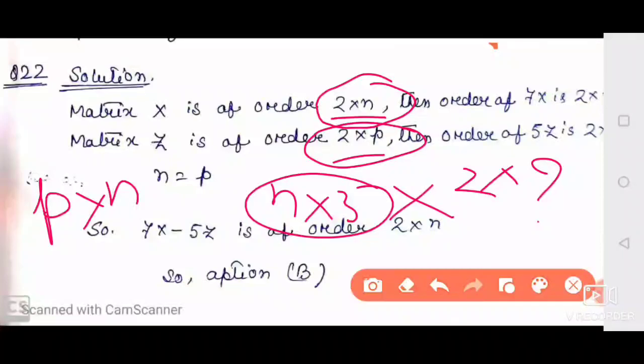Here we cannot write p by n. So the only option we are left with is option B, which is 2 by n. The option B is 2 by n. Since n is equal to p, we can write the order of the matrix 7X minus 5Z is 2 by n.